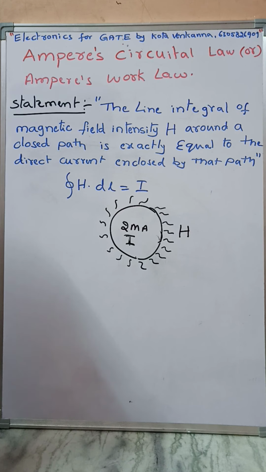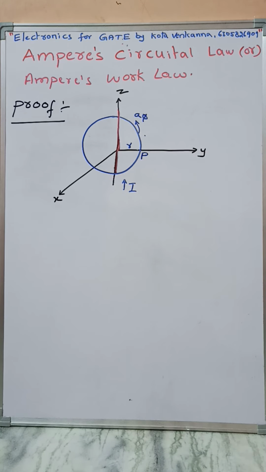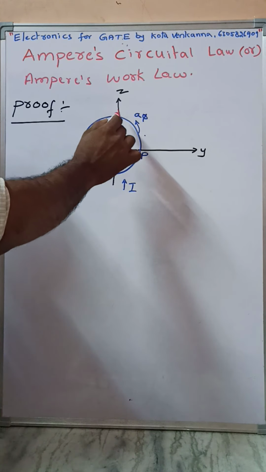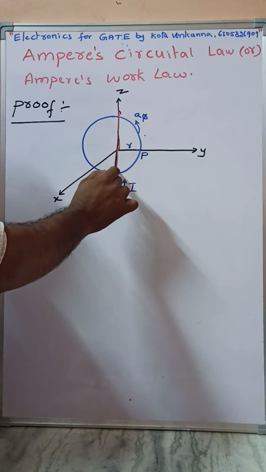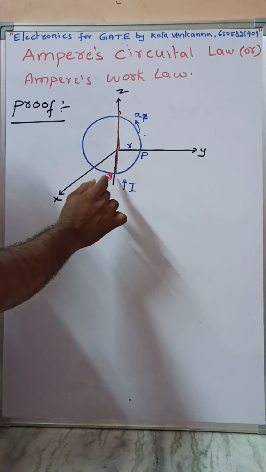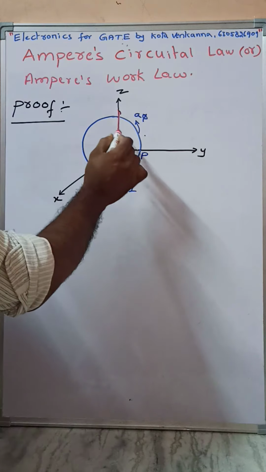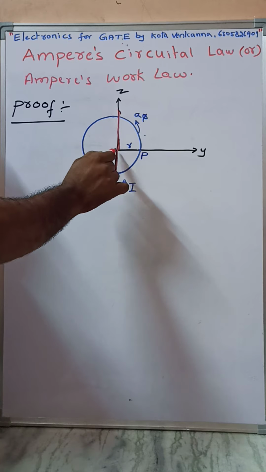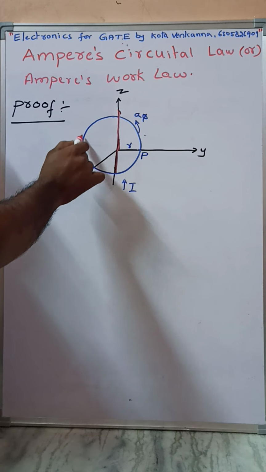Now we will see the proof of Ampere's circuital law. Here it is a current carrying conductor, carrying the direct current, and this direct current carrying conductor is enclosed by a circular path.